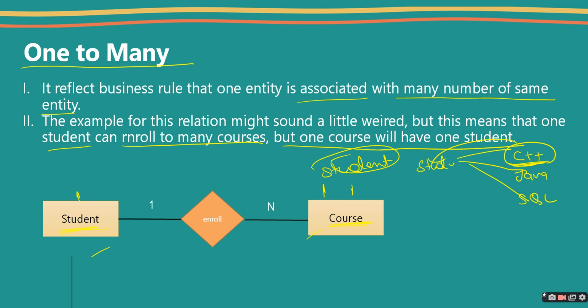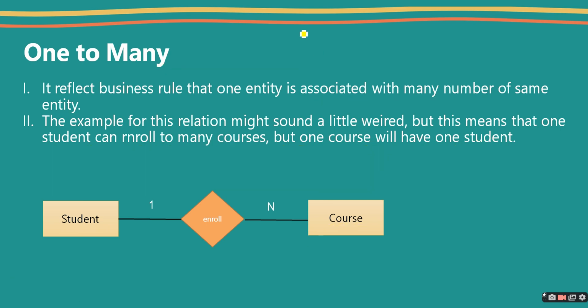So this kind of relationship does exist. Let's say we take an example of my institute. In my institute I design a special course specific to each and every student. Let's say you are James, so I will create a special course for you only.